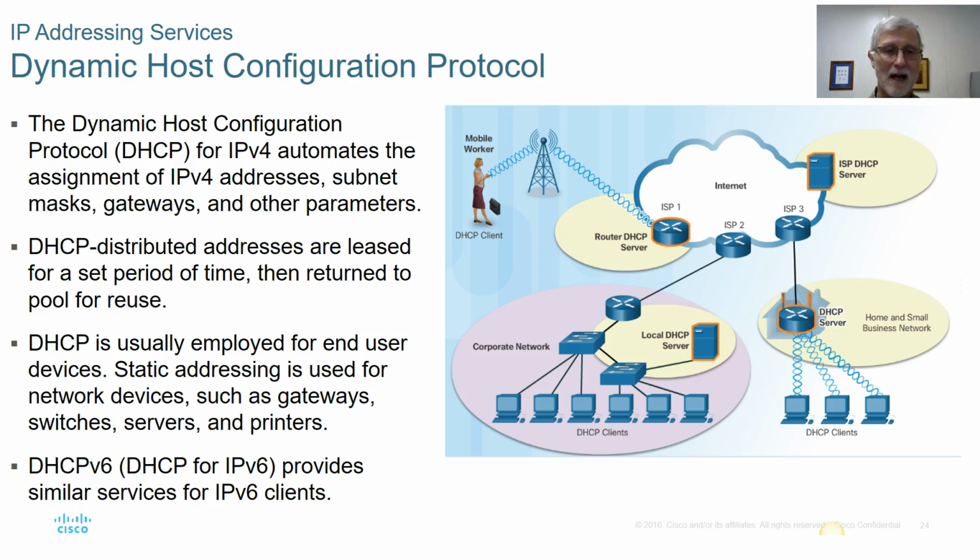DHCP for IPv6 is the same thing. The server says, I'm going to lease you an IP address for a period of time, and keep track of that lease period. When it expires, I remove the lease, and the next time you log in, it will try to find a connection and get a new IP address.